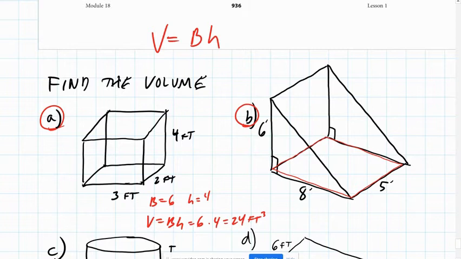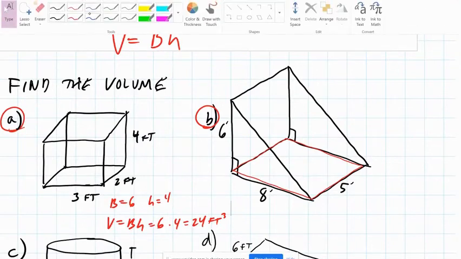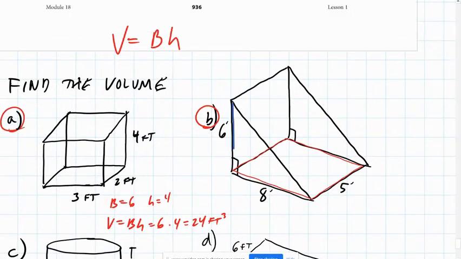So what we need to realize is that this figure is not sitting on its base. The bases are actually these two triangles. And so if we could pick up this figure, we could tip it over and make it sit on its two bases. If we did that, it might look like this.